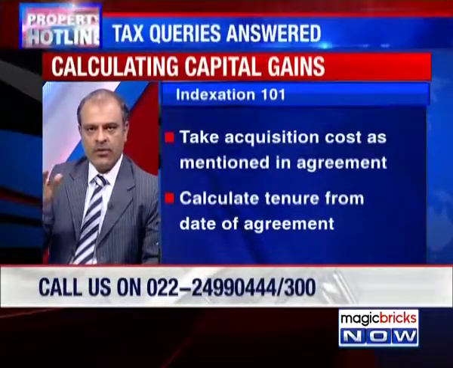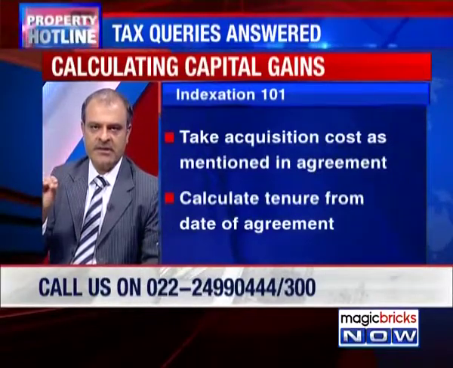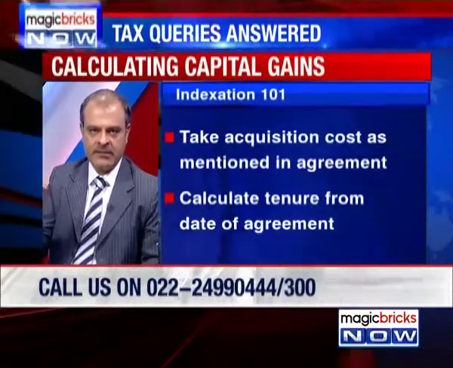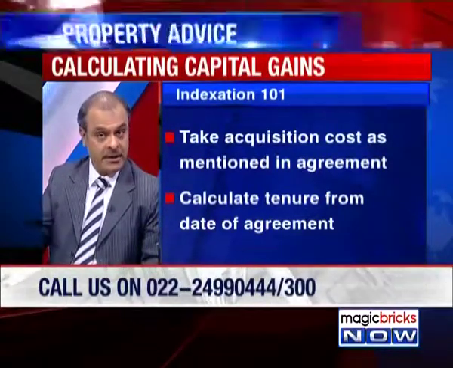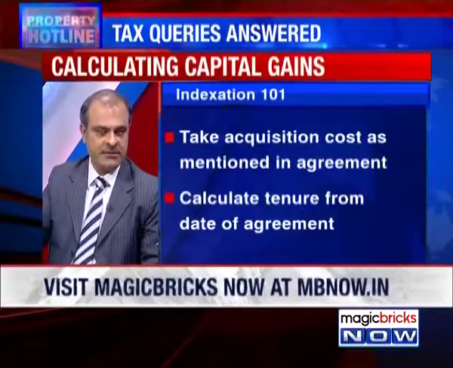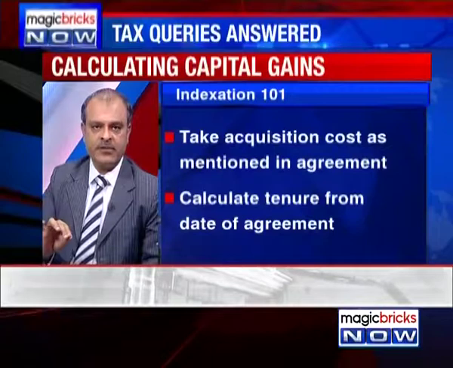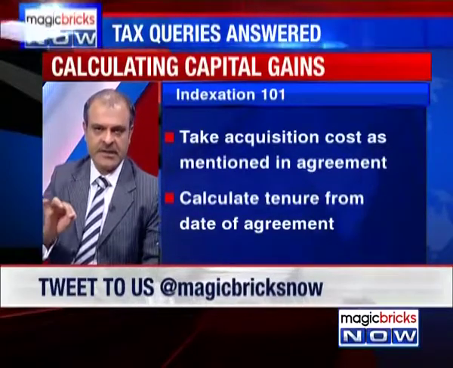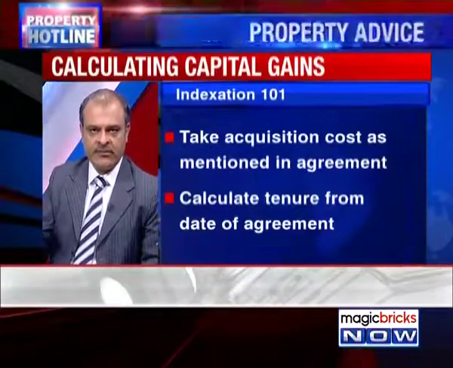So for all capital gains purpose, what he has to do is determine the date when the agreement was signed, even though the entire amount may not have been paid on that day because he pays in installments. So that will be the starting date or date of purchase in his case for determining capital gains, and on that basis he'll have to do indexation.